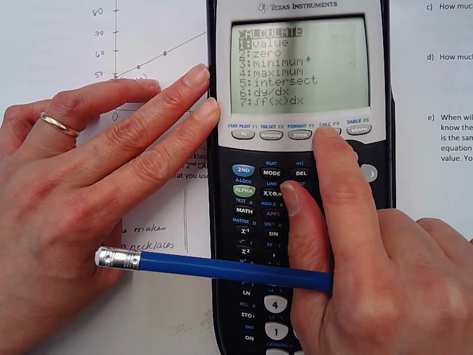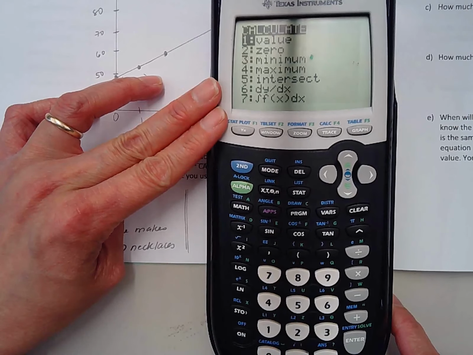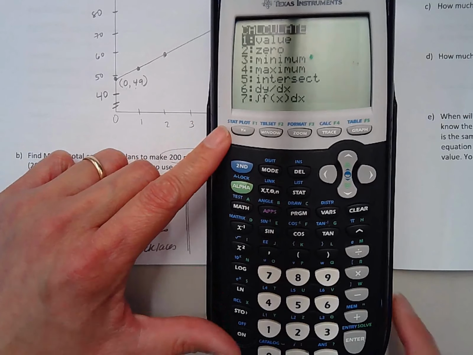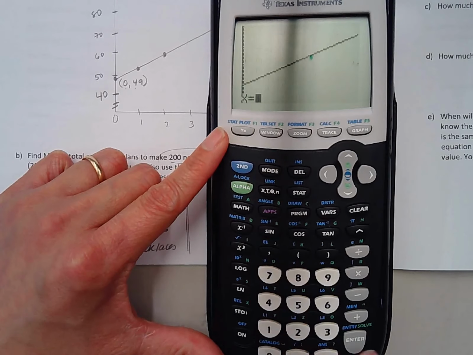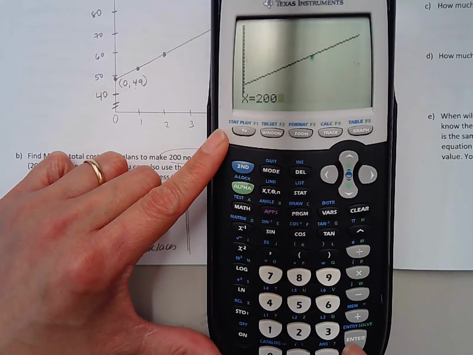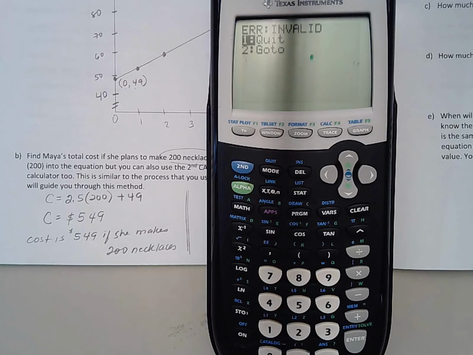Second trace, and then we're given the x value, right? X value is 200, so 1, 200. What do you expect to get here? When you do that on a calculator, you're going to get an error.